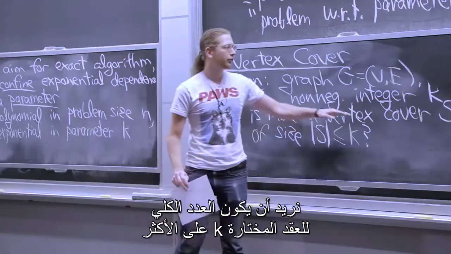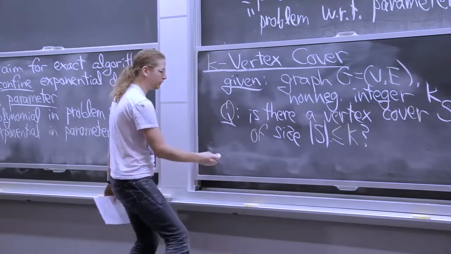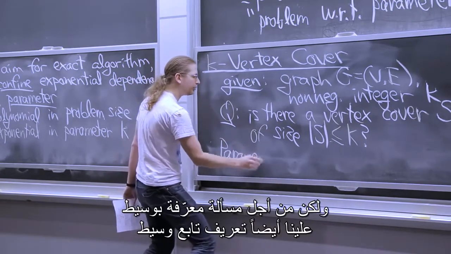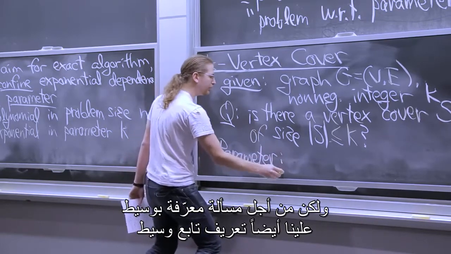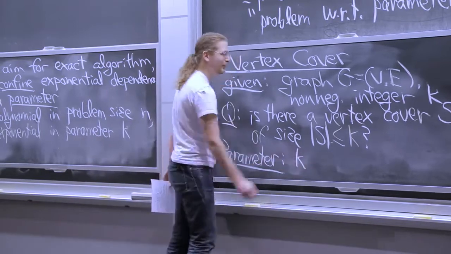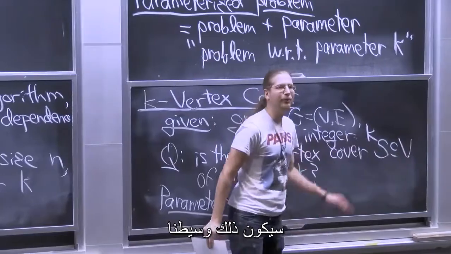We want the total number of chosen vertices to be at most k. And so that's a regular decision problem. But for a parameterized problem, we also want to define a parameter function. And that parameter function, guess what? k. Most obvious thing, given that I wrote the letter k here. That's going to be our parameter.